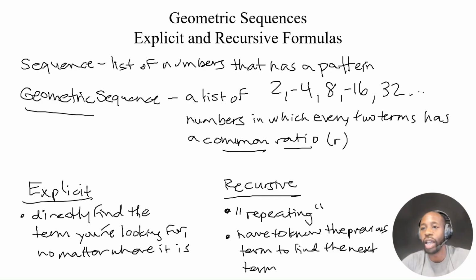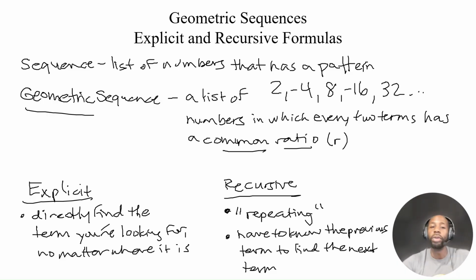Sorry, I'm writing kind of fast. Basically, it doesn't matter if you're looking for term 3, term 47, or term 1186. This will allow you to directly plug in the term number you want, and then you get whatever the value of that term is. So explicit formulas actually seem to be a bit more useful because you don't have to use them so much, but we're going to talk about both here.